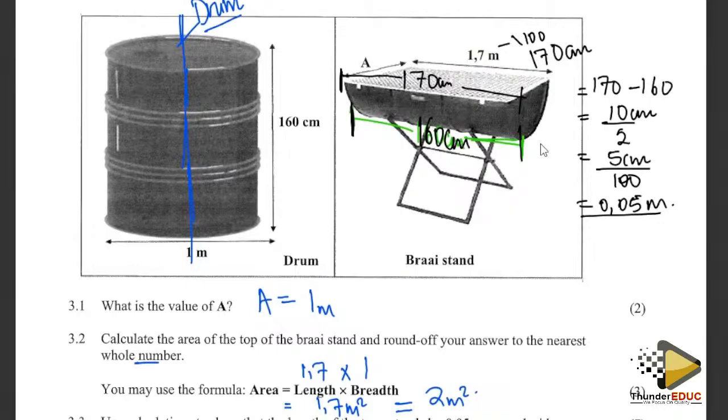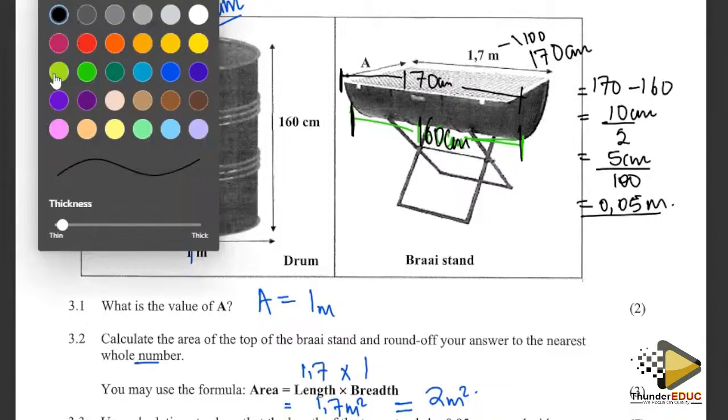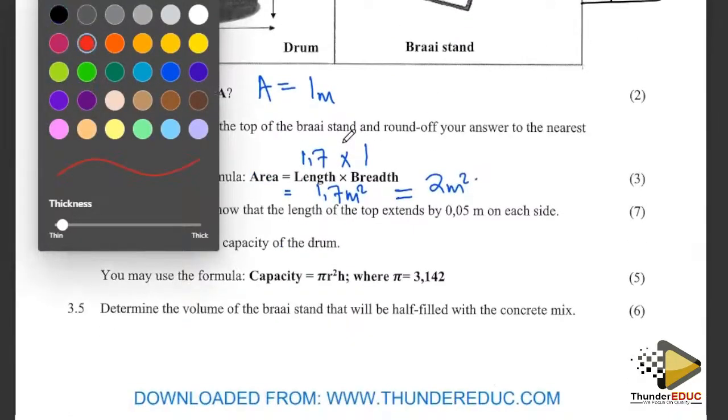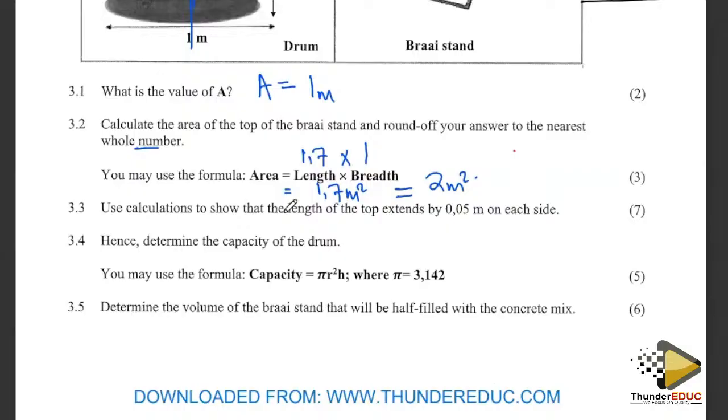Right? That is it. Another way you would have done it is that we still change the 160. You say 160 divided by 100 comes to 1.6 meters. 1.6 what?